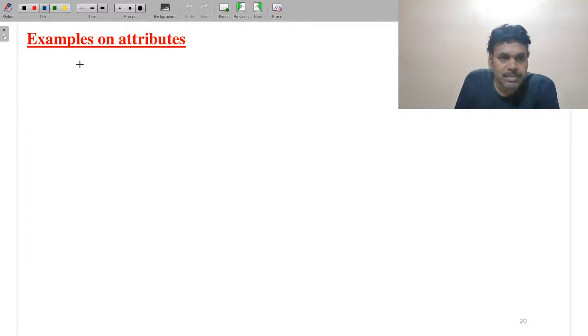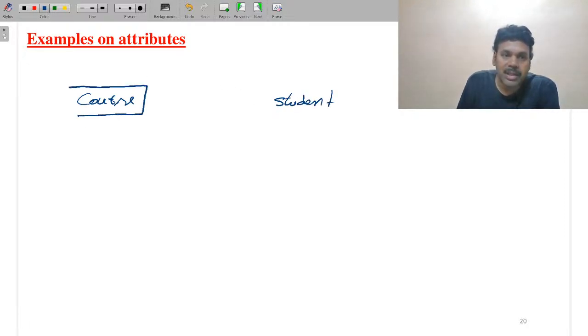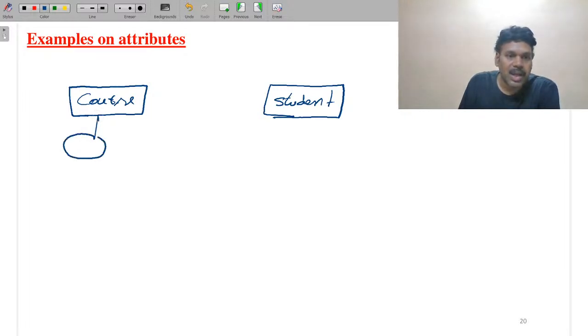The first one: if I am saying there is a course and there is a student. When I keep it like this, it is a table, and we are calling it an entity. Now this course has two attributes, course number and course name.